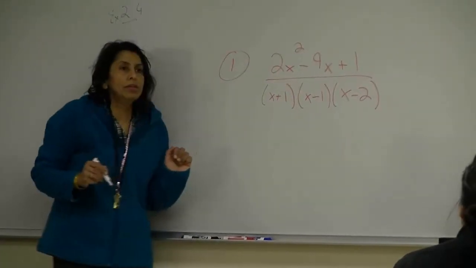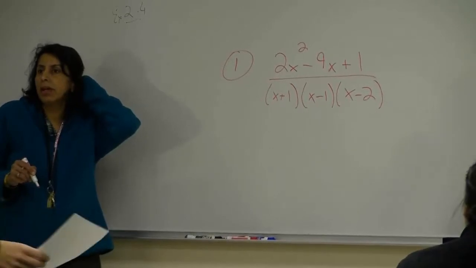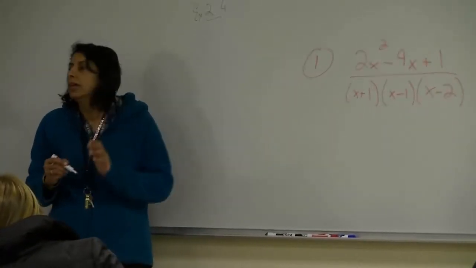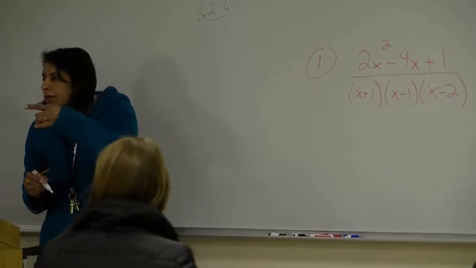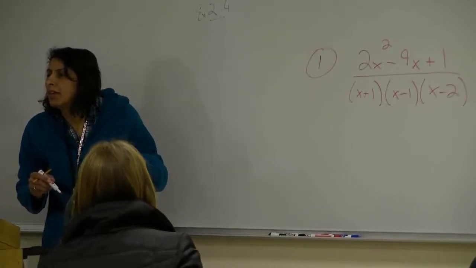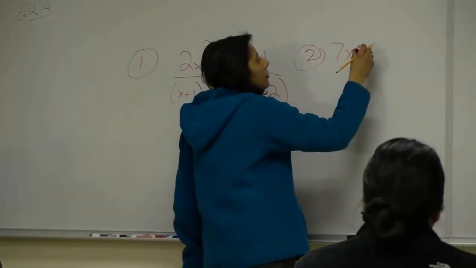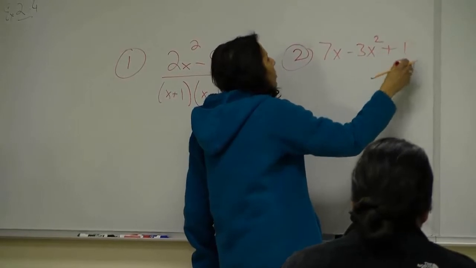Let's see. What is the second answer? Is there anybody else who got a different answer? We'll put that up as well. Please come up and put it. Or you can show me there. What do you have? 7x minus 3x squared plus 1 over.